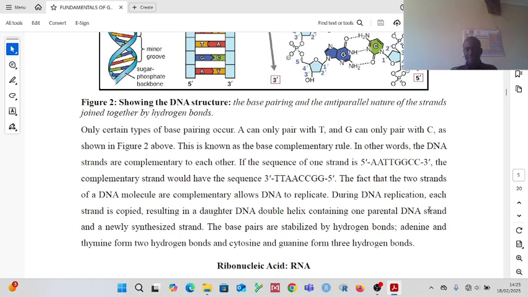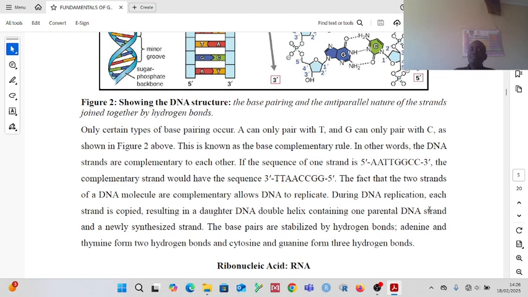So in other words, the DNA strands are complementary to each other. If the sequence of one strand, for example, is 5 prime AATTGGCC, then the complementary strand, where A base pairs with the T, will be TTAACCGG.